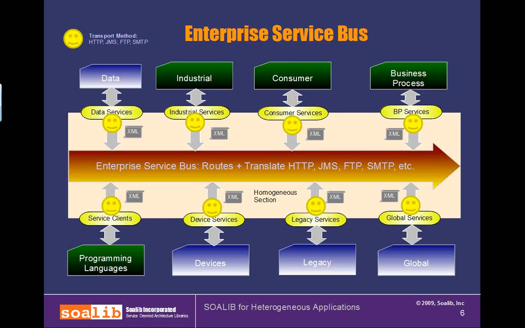These XML documents must be passed using some kind of transport protocol like HTTP, JMS, FTP, SMTP, and the Enterprise Service Bus translates them and routes them to the right destination. So if I want to pass data to a business process, it passes through the Enterprise Service Bus and is received by the business process object.